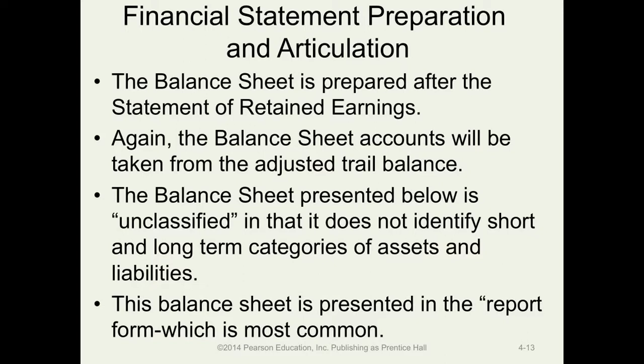There's also something known as an account form. A report form, incidentally, will list assets above. So total assets will be listed above the liabilities and then stockholders' equity. That's the report form. There's also an account form of a balance sheet, which we'll see at some point. And it looks like a T account.